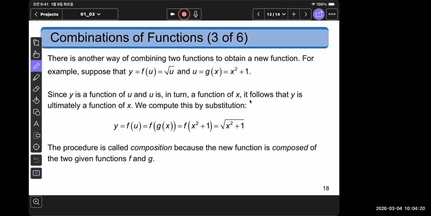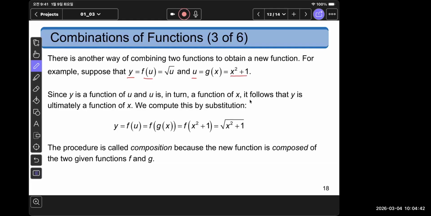And suppose that y is a function of u defined by the square root of u, for instance. And I have another function g which maps x to u. Let's say u is defined by x squared plus 1.